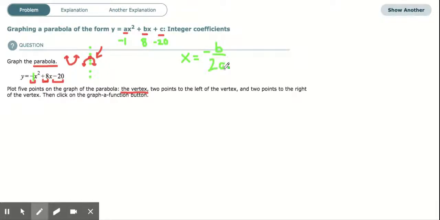Well, we know what a and b are, so we can find x. -b would be -8, from right here, divided by 2a, and we said a was -1. So this is -8 divided by 2 times -1, which is -2. Well, a negative divided by a negative is a positive, and 8 divided by 2 is 4. So this tells us that 4 is going to be the center of the parabola.